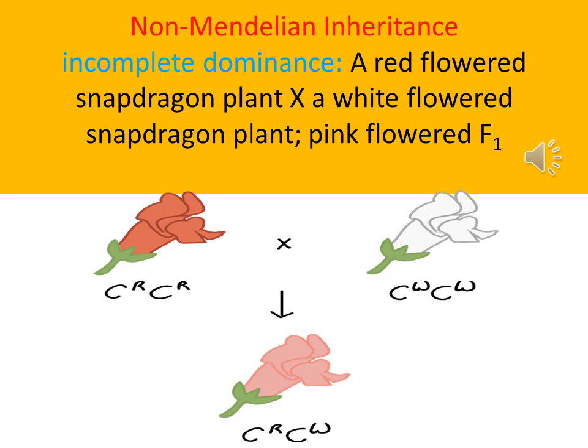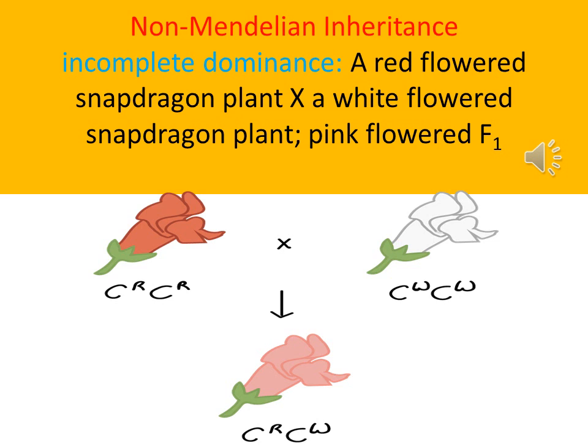So most inheritance, however, does not exhibit the regular Mendelian segregation pattern. This can be seen in the case of incomplete dominance, as seen in a cross of a red-flowered snapdragon plant and a white-flowered snapdragon plant.